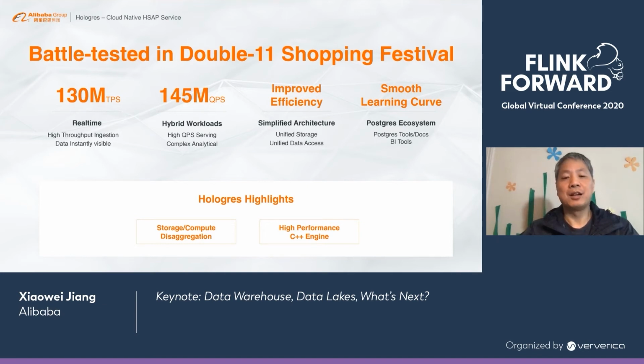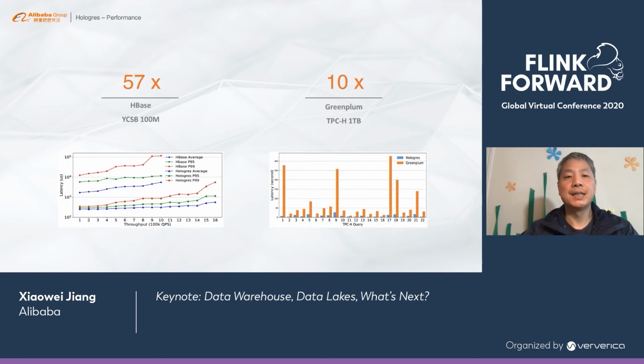Hologres adopts a compute storage disaggregation architecture. We built a high-performance C++ native engine. Before I go into more architecture details, I would like to show you some performance numbers first. An HSAP system supports both a serving and analytic workload.